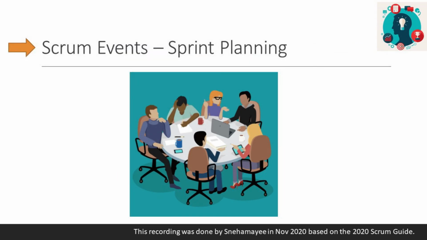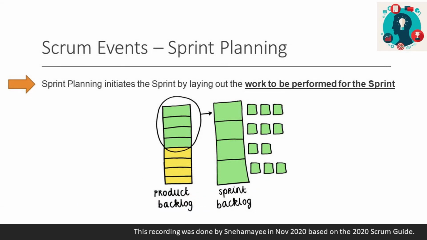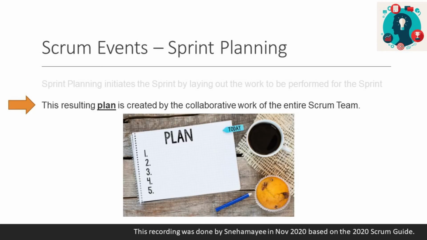Scrum events, sprint planning. Sprint planning initiates the sprint by laying out the work to be performed for the sprint. This resulting plan is created by the collaborative work of the entire Scrum team.